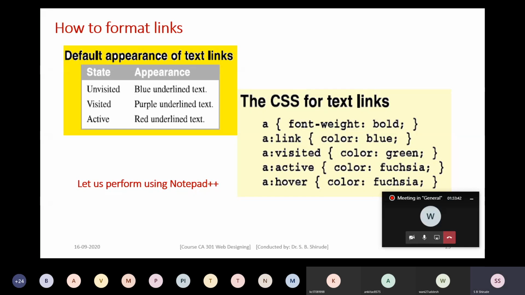Now we have already learned in the previous slides that in CSS we have pseudo classes for the links, such as unvisited, visited, active, hover. So these are the pseudo classes that are supported by CSS. For text links, for the anchor element you can specify font-weight bold.